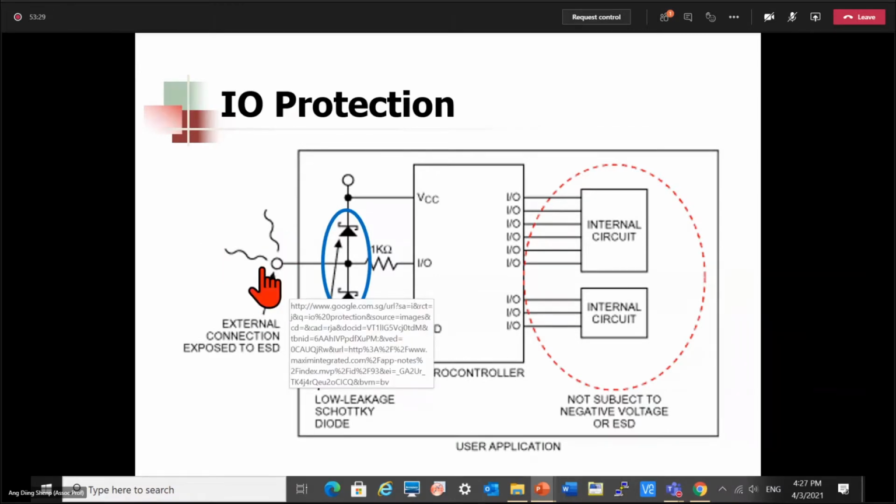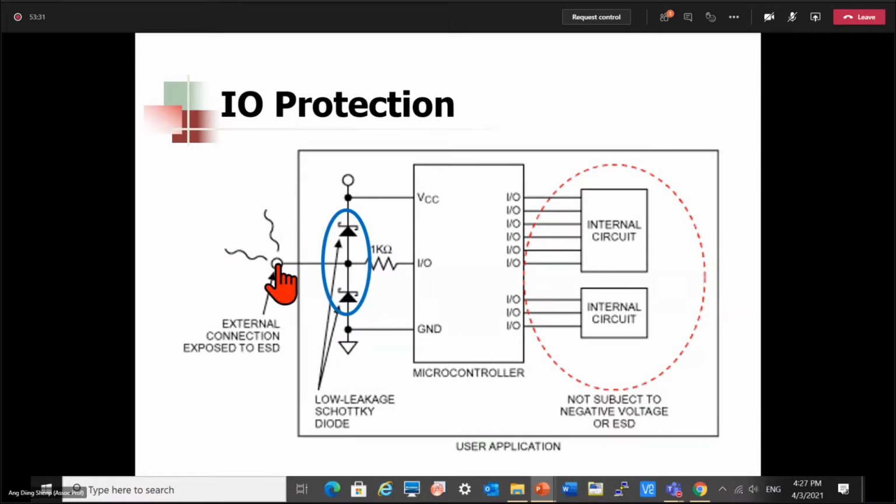Similarly, when you have a negative voltage appearing here, this diode will turn on and allow the current to be bypassed. So that also protects the microchip itself.